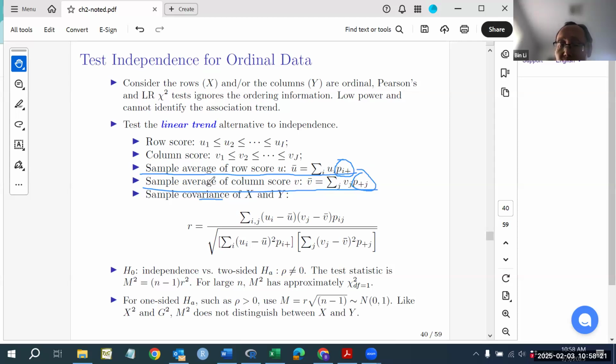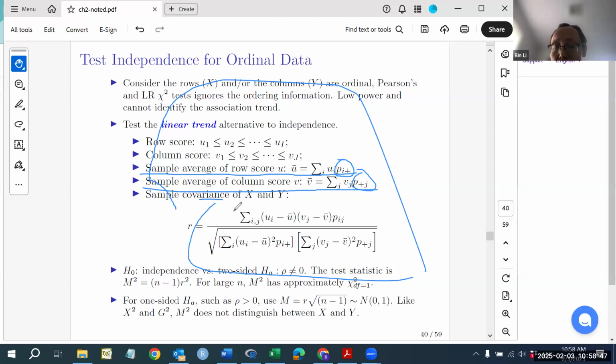After we find the sample averages for the row scores and the column scores, we can use this formula to find the sample covariance.